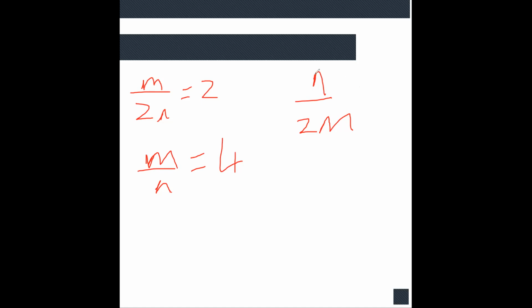But the answer we're looking for has the reciprocal of m over n, right? So n over m is equal to 1 over 4. Therefore, n over 2m is equal to 1 over 8.